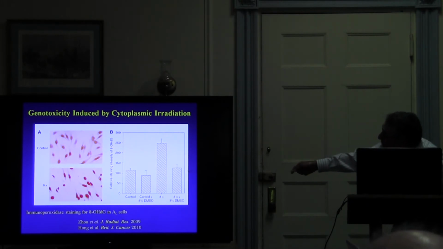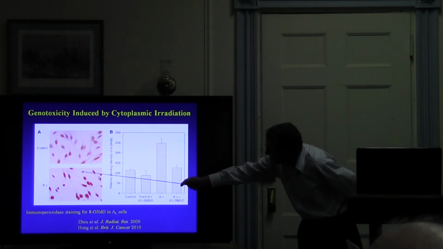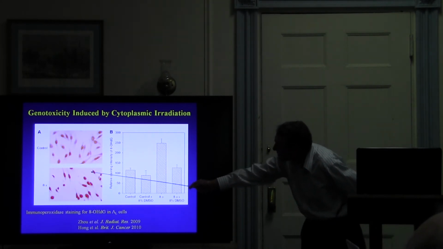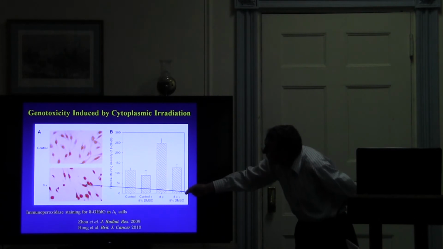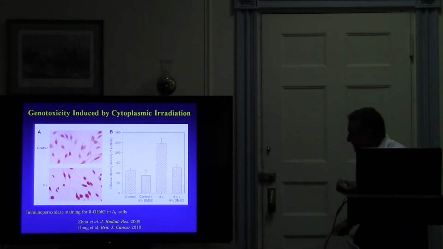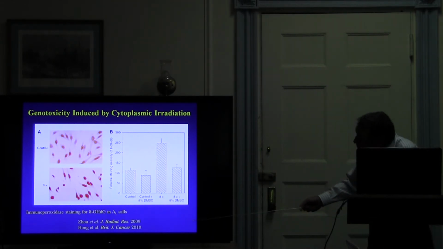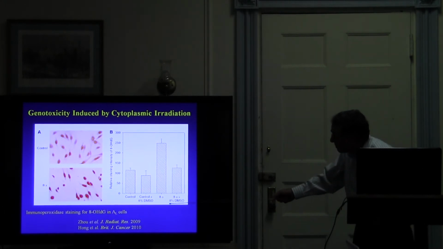And here they looked at 8-hydroxydeoxyguanosine, and they find in the cells an increase in this type of base damage. The base damage is indicative of oxidative stress, coming probably from perturbation in oxidative metabolism.